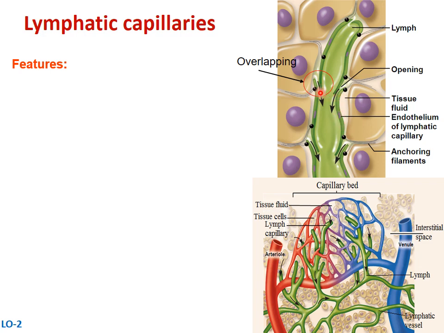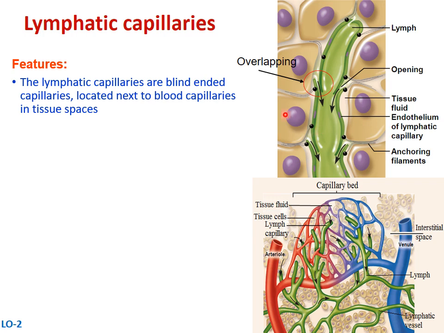Can you see this overlapping? This overlapping makes this space very easy for the extracellular, interstitial fluid to enter through. That's how the extracellular fluid leaks inside, and inside there is a negative pressure, which we will discuss.